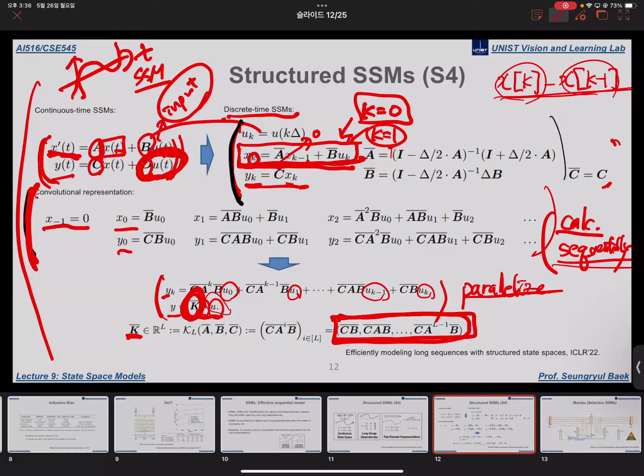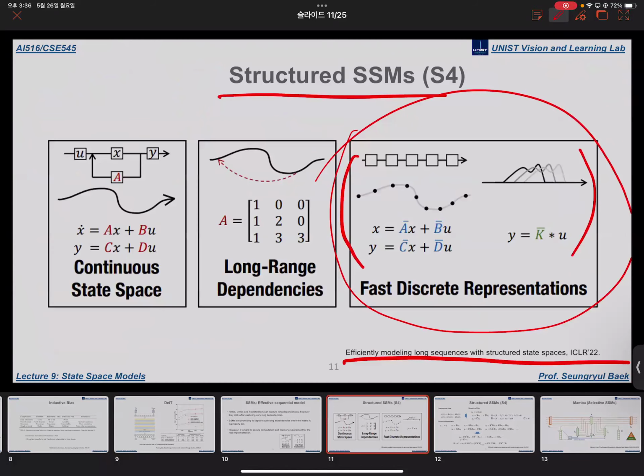This kind of interpretation is the contribution of this paper, and they can make this whole process more efficient. So this structured SSM provides a fast way to calculate these state space models by discretizing the original continuous time signals.